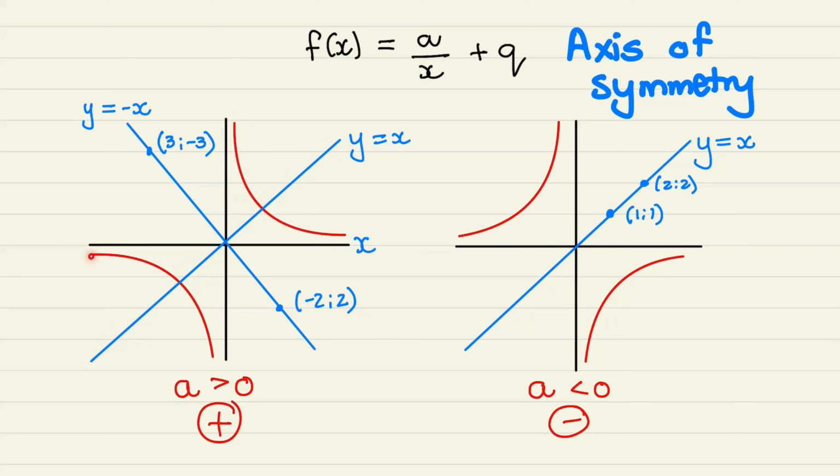And the same thing happens in quadrant 3. So if I fold it over the axis of symmetry, the top part of the graph would fold exactly on the bottom part of the graph. And the same is true for the second diagram. You can also have an axis of symmetry of y = -x.